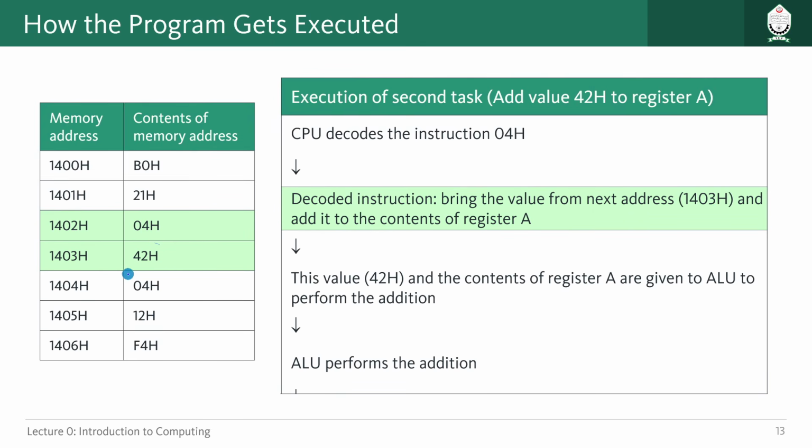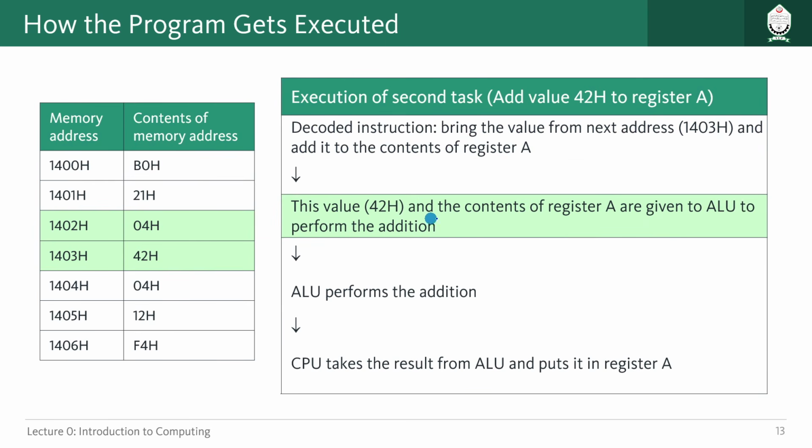So this value is fetched, and then this value and the contents of register A. In the previous instruction we had already stored 21H in register A, and now we have got 42H. These two will be given to the ALU to perform the addition, right?